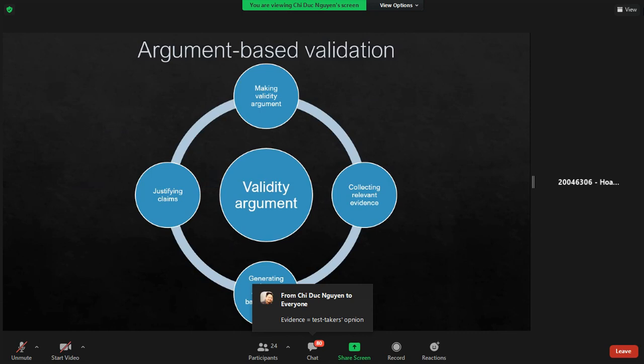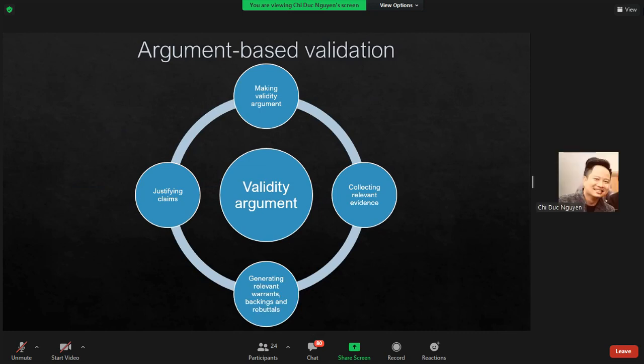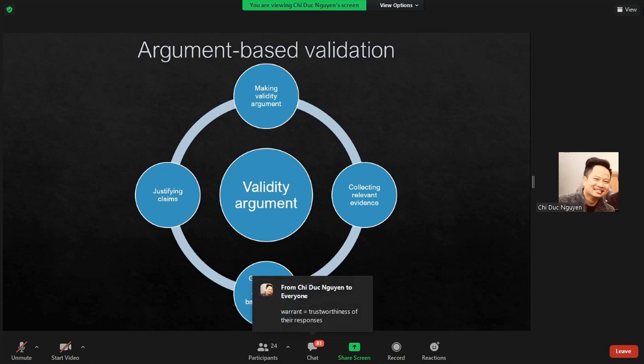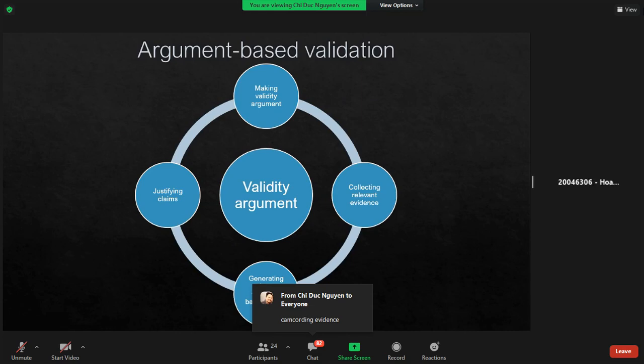I think maybe based on their performance on the test or maybe the score. Okay. Another way to double check it is that we can have some kind of camcording evidence. What does this mean, camcording evidence? Can you explain camcording?